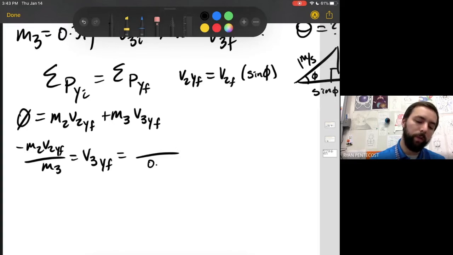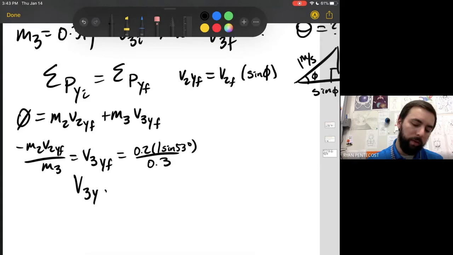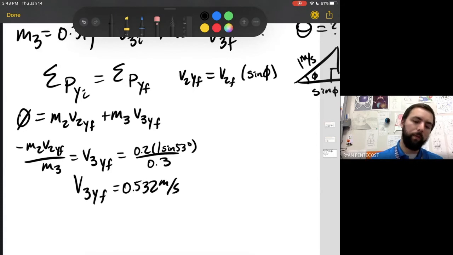M2 is 0.2 times velocity 1 sine 53 degrees, all divided by 0.3. I knew that looked wrong. So you got V3y final, that will give you 0.532 meters per second. Good deal.